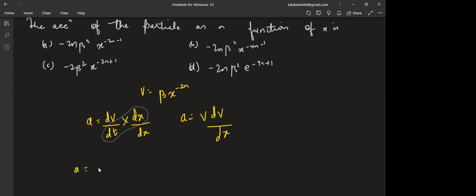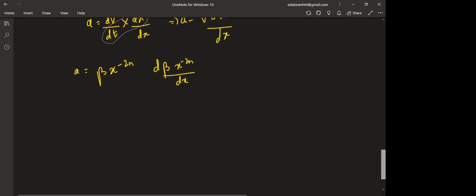So acceleration, velocity is what? Velocity is beta x to the power minus 2n. And in the other place you have to differentiate x to the power minus 2n over dx. Now you can differentiate it. Here you are differentiating with x. Here if I write t, then this would be invalid. That's why we have performed this step so as to reach here.